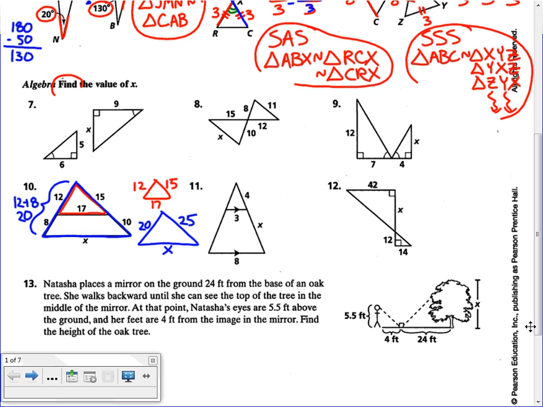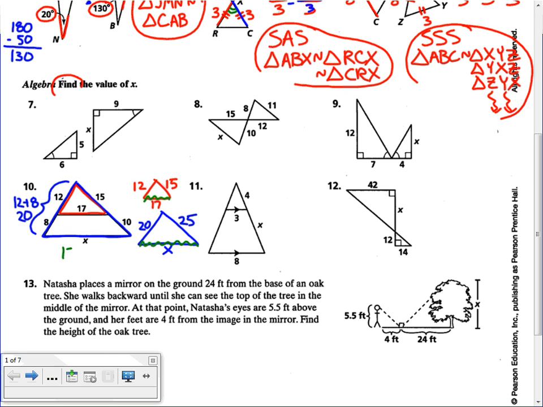So one of the techniques that you can use here when you see overlapping triangles is to separate them out and draw two separate triangles, label all the sides, and then you might be able to set up corresponding sides a bit easier. We do know by looking that the x is down here and it's going to correspond to the 17 up there.